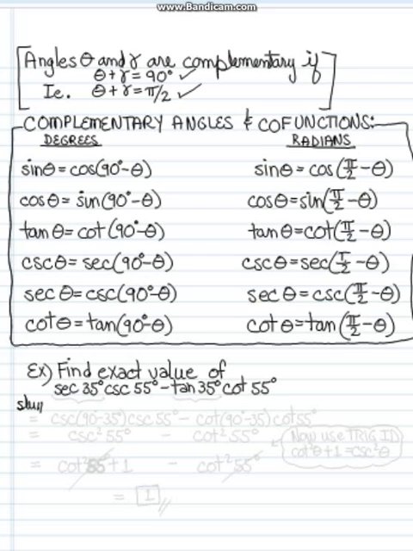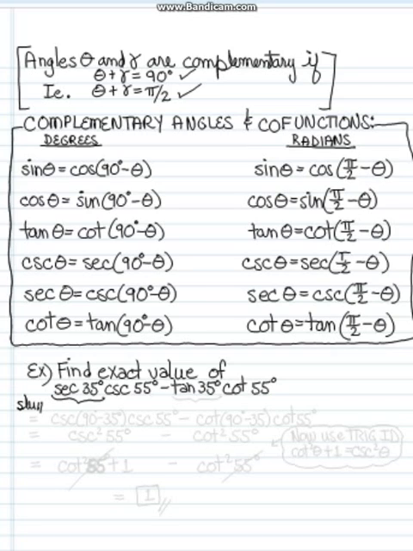Looking at the left column because it's degrees, I see that the secant of theta is equal to the cosecant of 90 degrees minus theta. I'm going to use that.